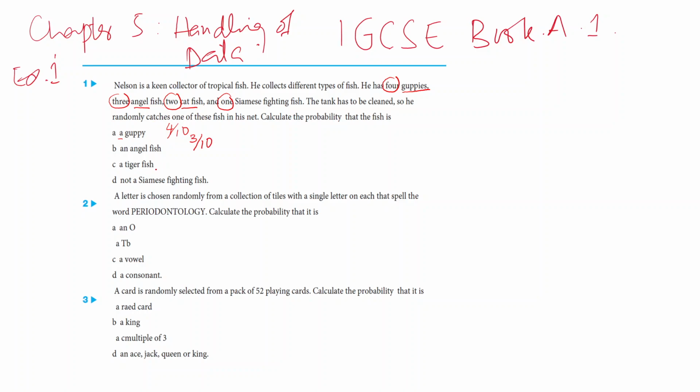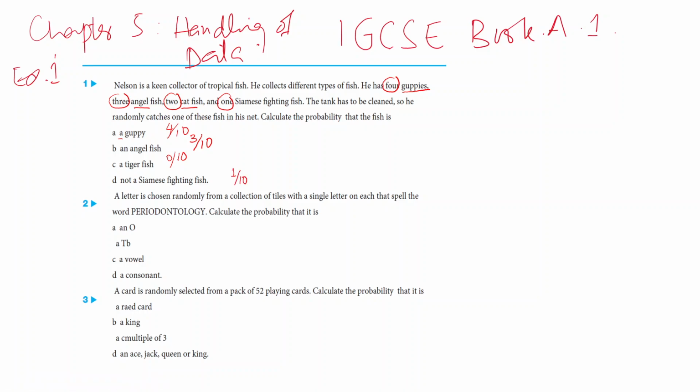A tiger fish will be, there's no tiger fish here, so it will be 0 out of 10. And the probability of a Siamese fighting fish is 1 out of 10, right?